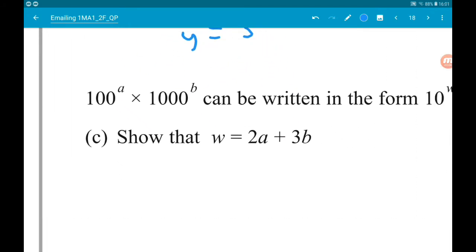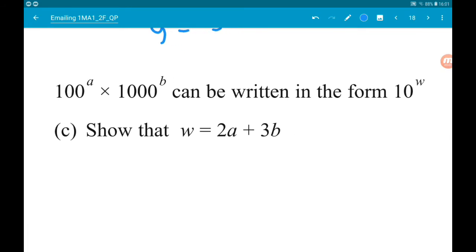Okay then, for part C, we are told that 100 to the power of A times 1000 to the power of B can be written in the form 10 to the power W, and we want to show that W equals 2A add 3B.